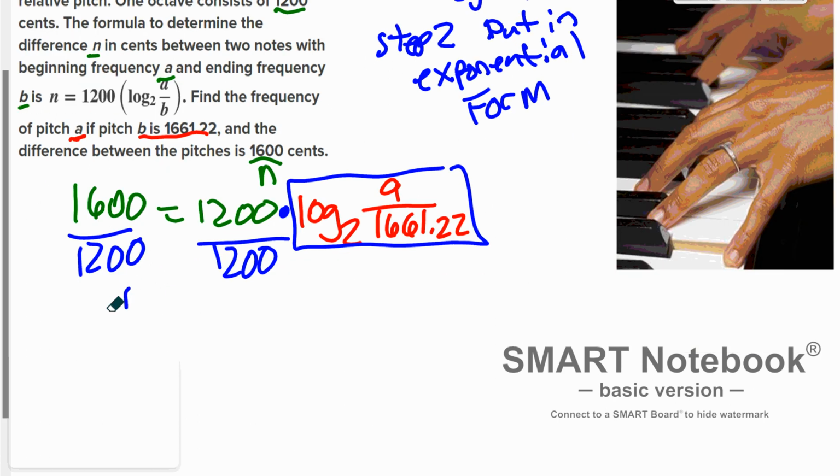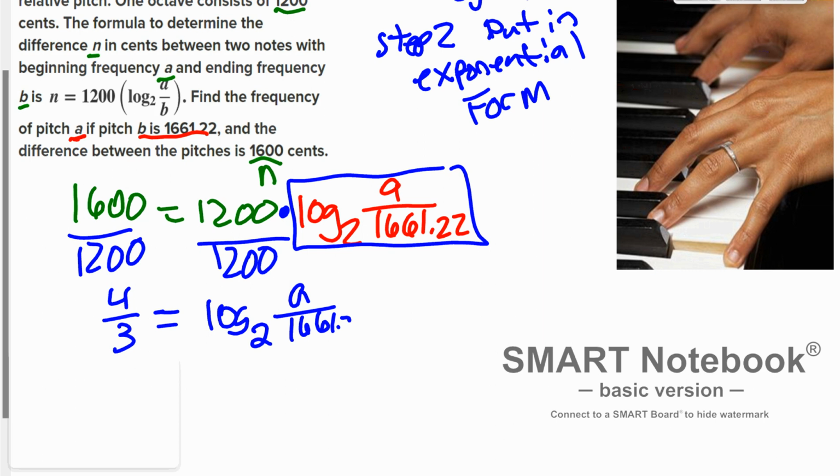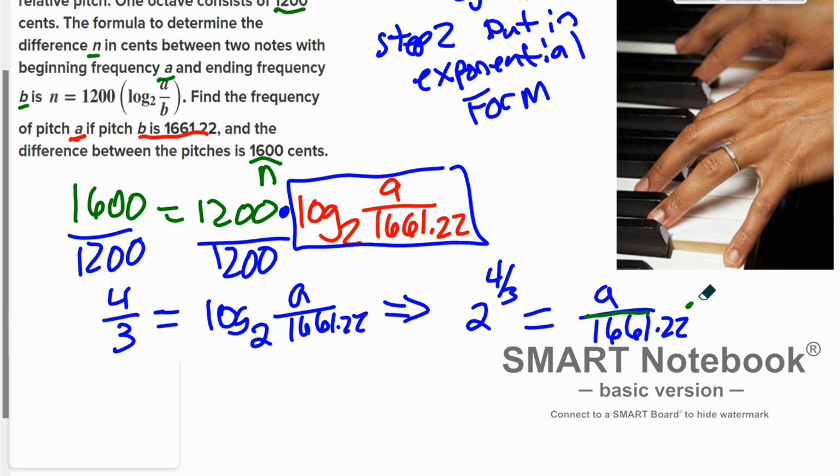There we go. 4/3 equals log base 2 of A over 1661.22. So I can switch to exponential form now. That would be 2 raised to the 4/3 equals A over 1661.22. Then it's just get rid of the division by multiplying.